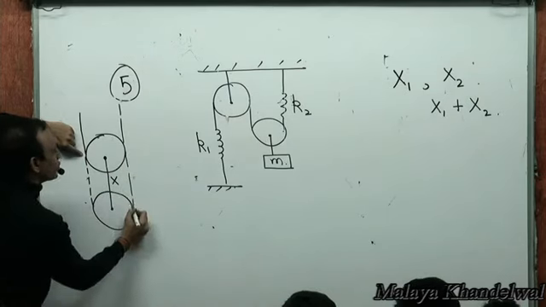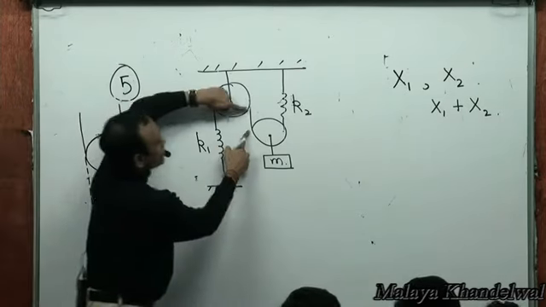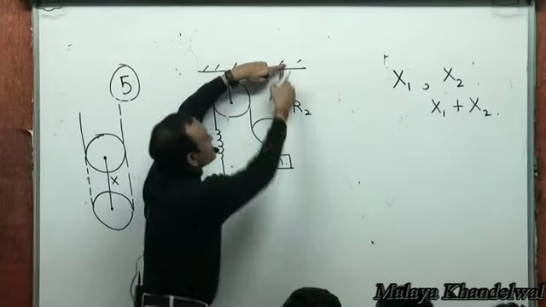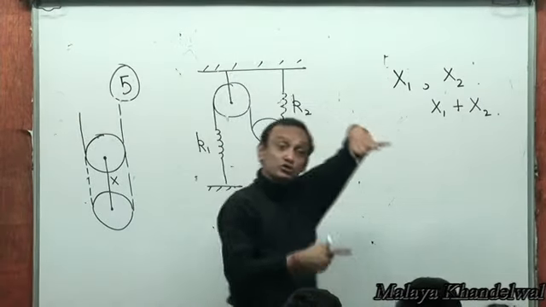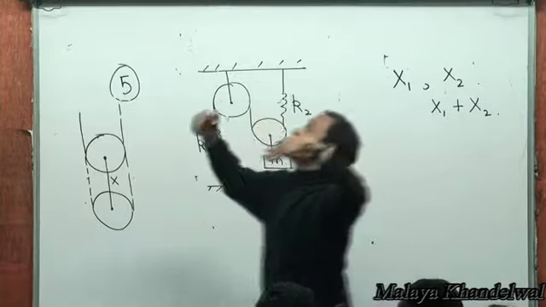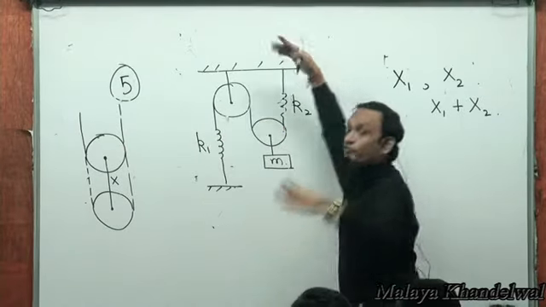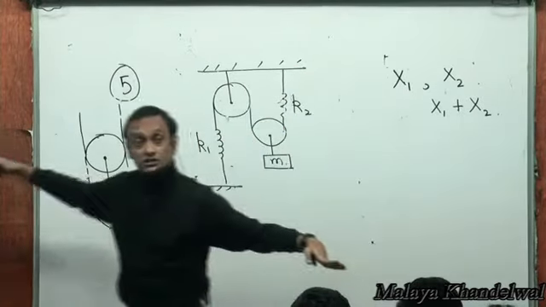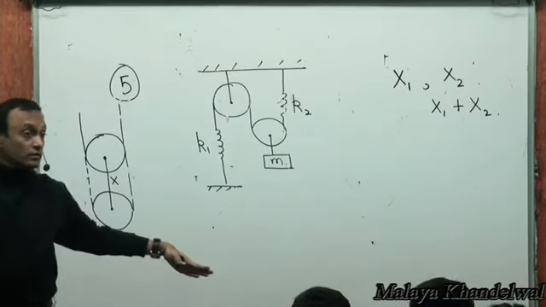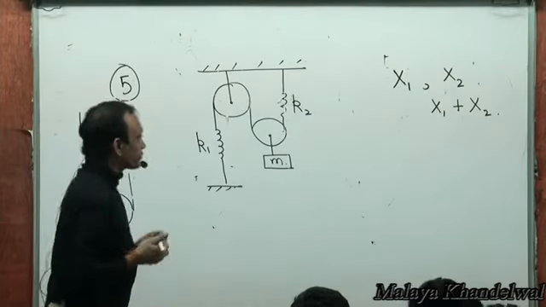This length of the spring will also increase by an amount x, isn't it? That means this total spring would have increased by an amount 2x. Right?